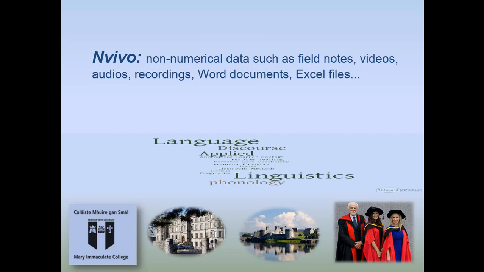Qualitative data analysis software such as Nvivo can help you organize and analyze qualitative data more effectively. However, I think we should be clear that Nvivo does not favor a particular methodology. It is designed to facilitate common qualitative techniques.